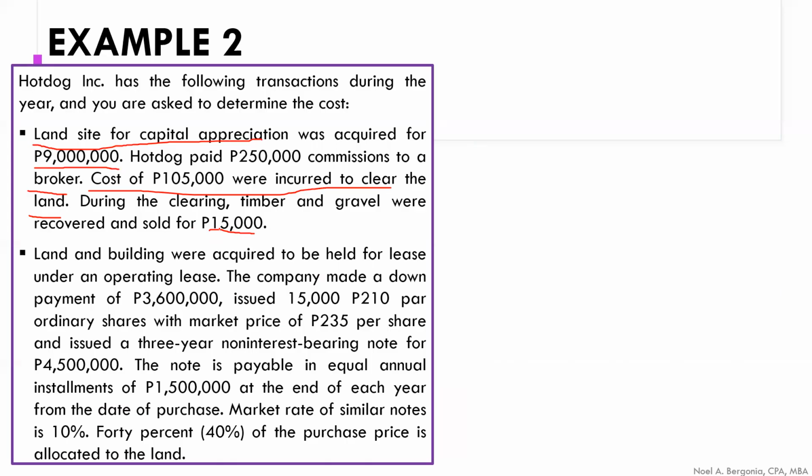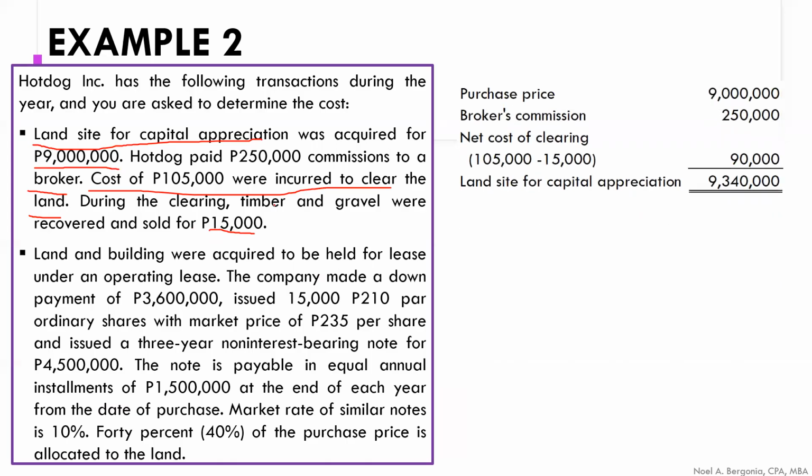So let's now identify the cost of this land site for capital appreciation. Of course, it will include the purchase price, plus the broker's commission, which is a directly attributable cost, and also the net cost of clearing, another directly attributable cost. So it would be the original clearing cost na 105,000 less the materials recovered from the clearing.